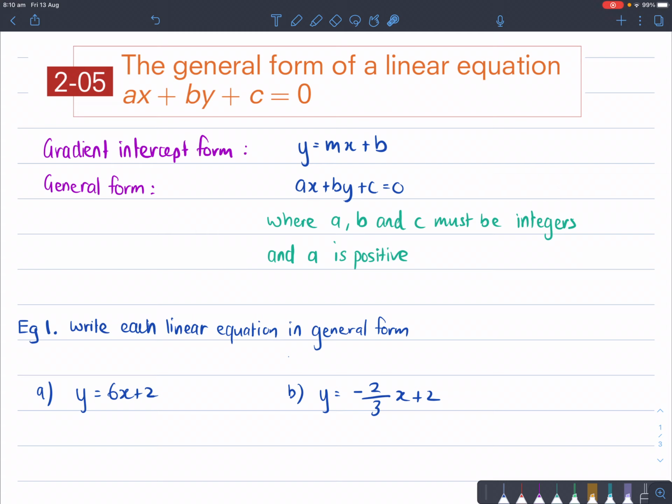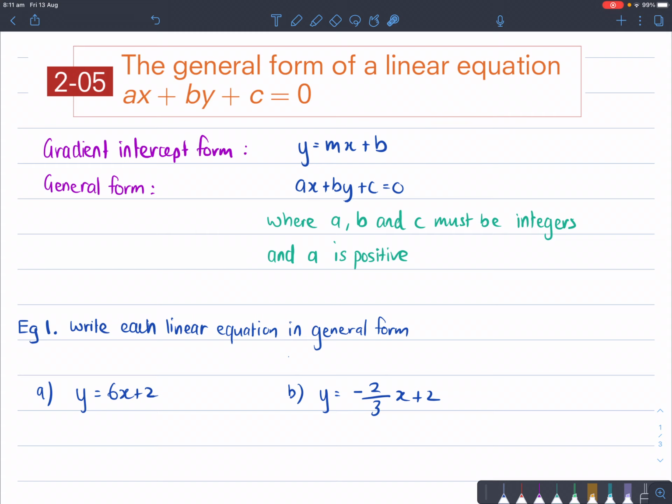They're basically positive and negative whole numbers, including the 0 in the middle. The other important part is that a must be positive here. So your general form must start with something like 2x plus 3y plus 5, where that's positive. If it's something like minus 2x plus 3y minus 5 equals 0, then that's no good.